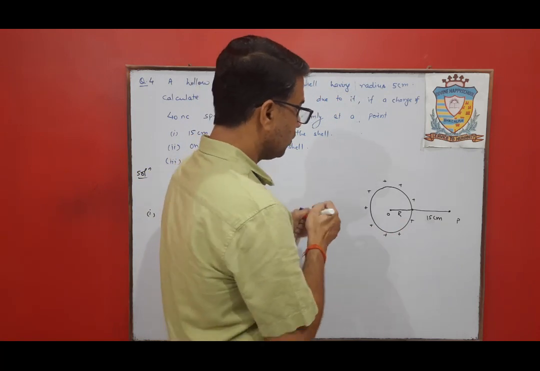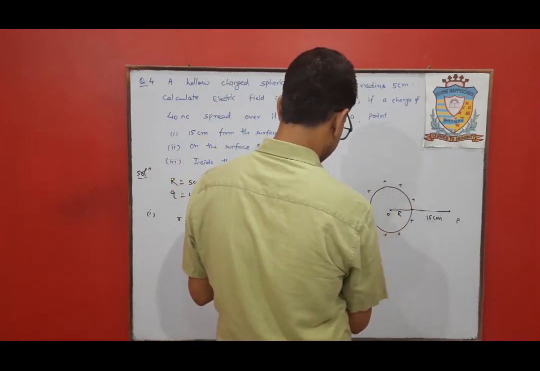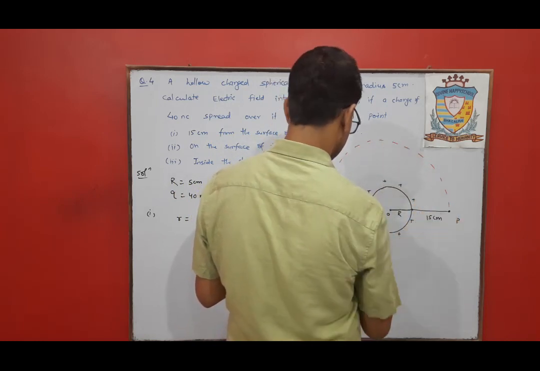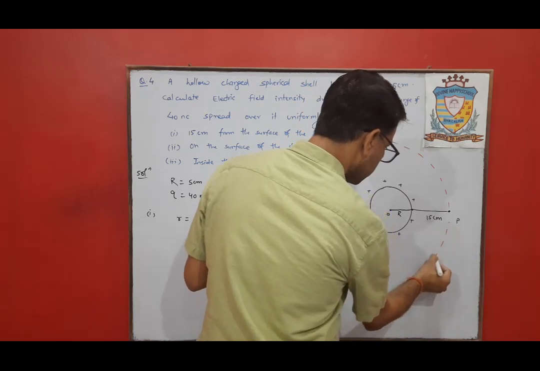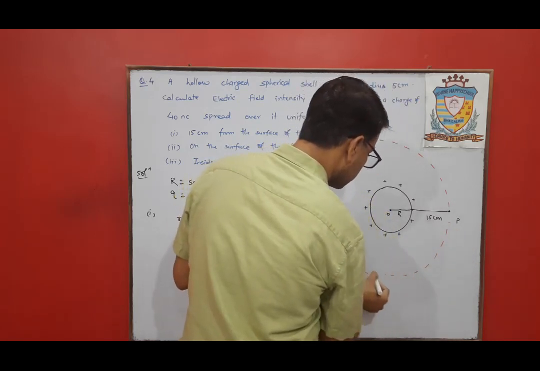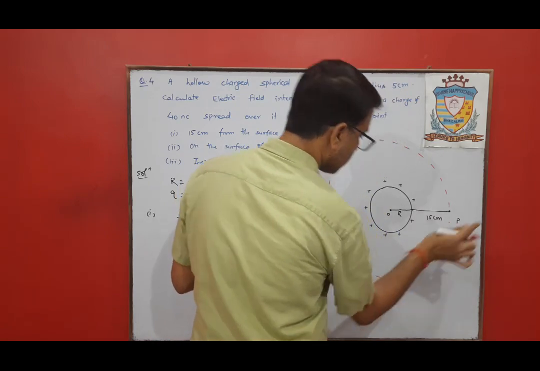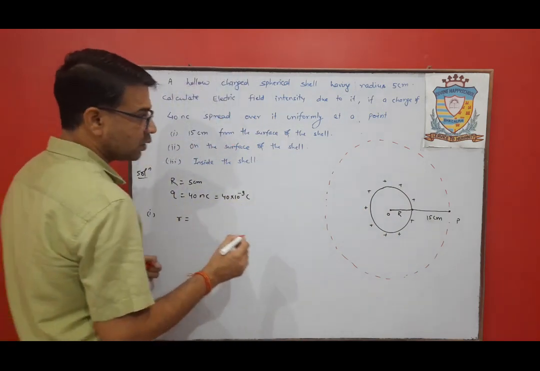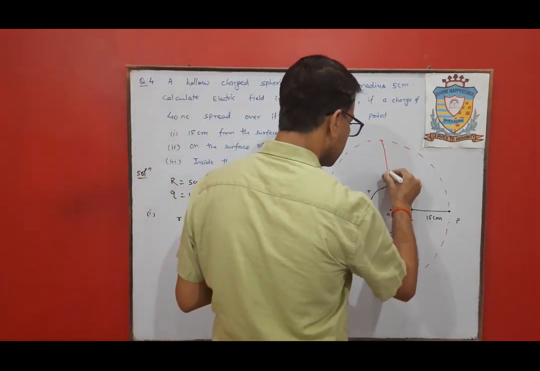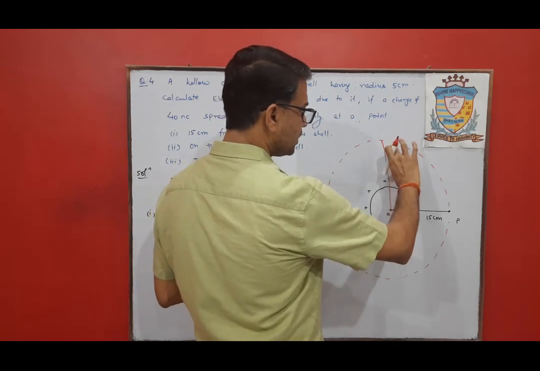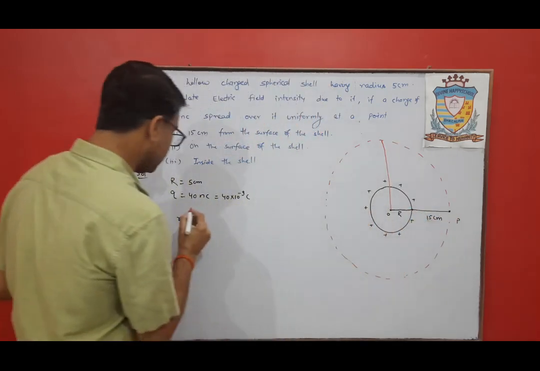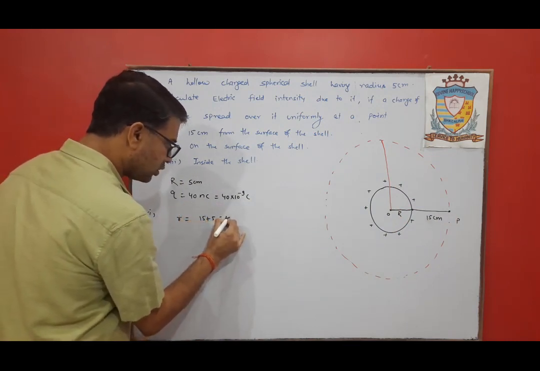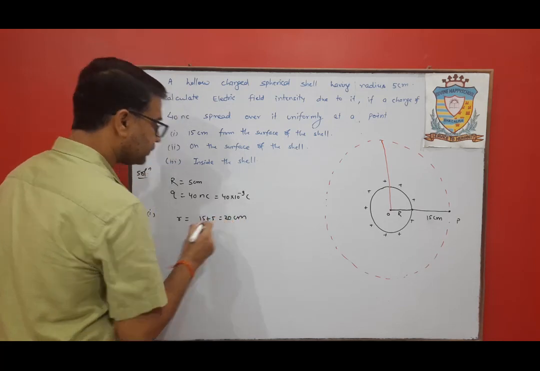So first we will simply draw a Gaussian surface. Okay, so now the value of small r is this distance. So this distance is 15 centimeter plus 5, which is equal to 20 centimeter.